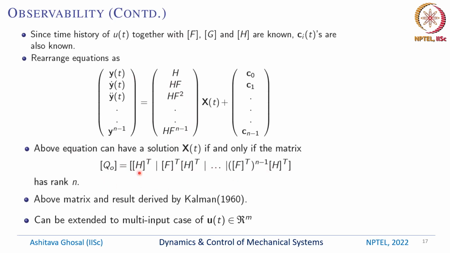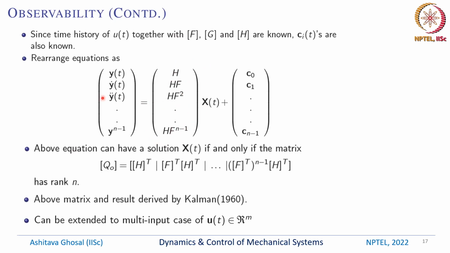So this matrix is called QO, which is the observability matrix. So the rank of this matrix QO must be n. Only then this equation can be solved. Okay, so this equation, which is something like y equals Ax plus b, will have a solution only if the rank of this matrix A, which has n columns, is full rank.